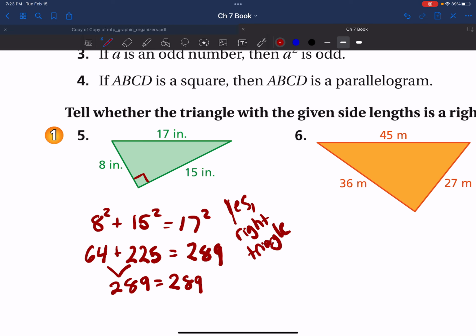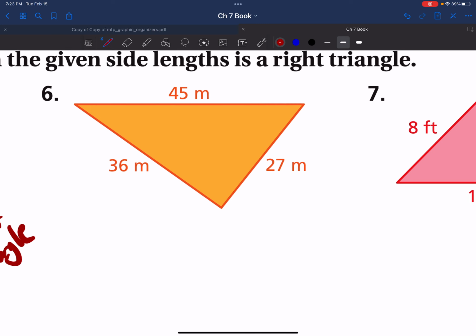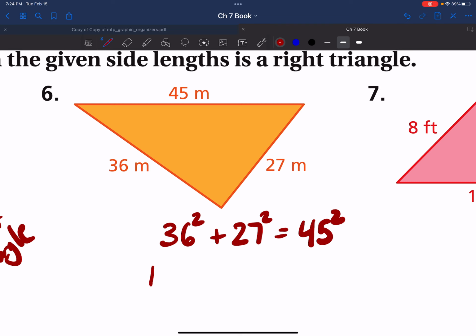Sweet. Okay, number 6. Okay, let's find out if this is a right triangle. Let's do the legs squared. So 36 squared plus 27 squared. Does it equal 45 squared? Well, I'm going to get my calculator out. 36 squared is 1,296. 27 squared is 729.